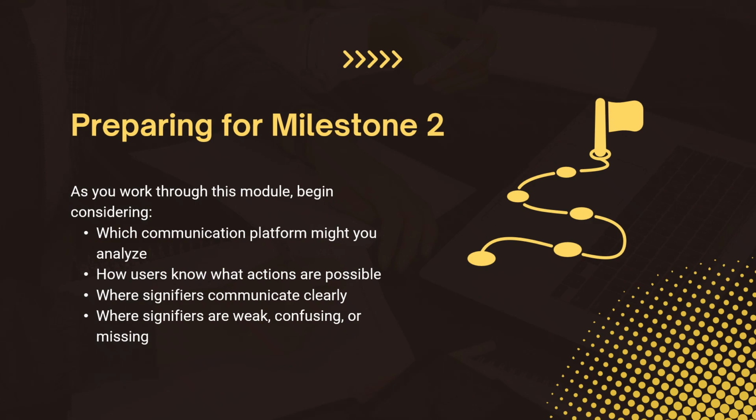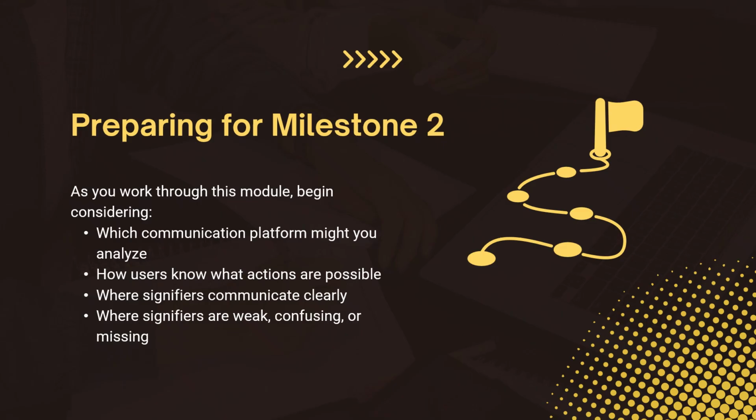As you complete this module, I want you to start thinking ahead, okay? For Milestone 2, which is interface and HCI analysis, you're going to be analyzing a real communication platform, something like an email system, a messaging app, a collaboration tool, some kind of learning platform, or maybe some kind of social media interface.